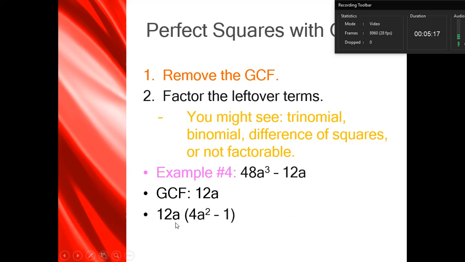So there's the GCF, and these are the leftover terms. This binomial, though, you have to check. 4 and A squared are perfect squares, and 1 is a perfect square. So we're going to separate this again. So 4A squared will become 2A. Those are the first quantities. And 1 becomes plus 1 and minus 1, and now it's completely factored.